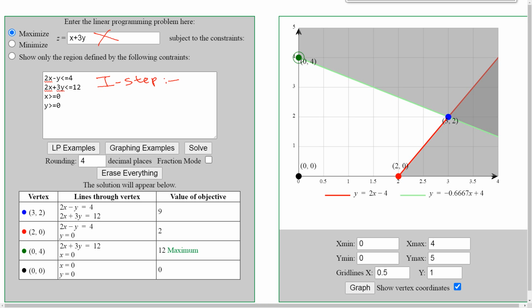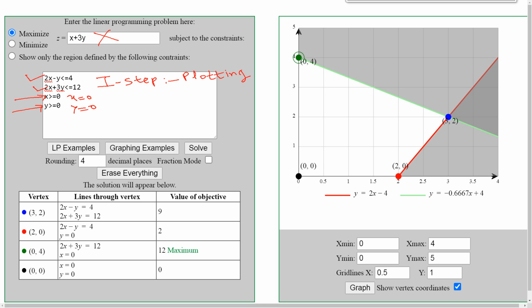This is not a line. This is not an equation of a line. You have to plot these two lines. These two lines are already plotted. They are axes, x-axis and y-axis. X is equal to 0 and y is equal to 0. These are nothing but x and y axis.